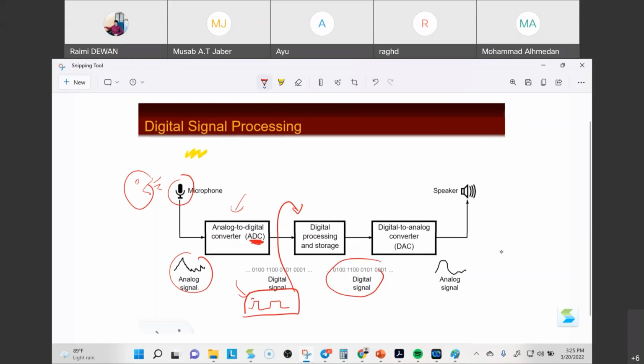Of course, it's still a digital signal, but you need to do some processing, depending on what you want. Maybe you want image processing, maybe you want to scan the plate number, whatever. Anything can happen during this stage, any required processing. Then after that, the digital signal.